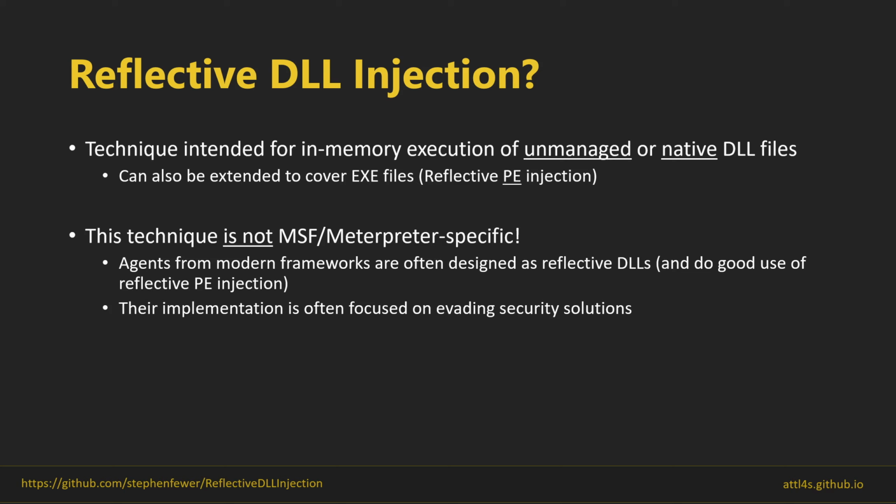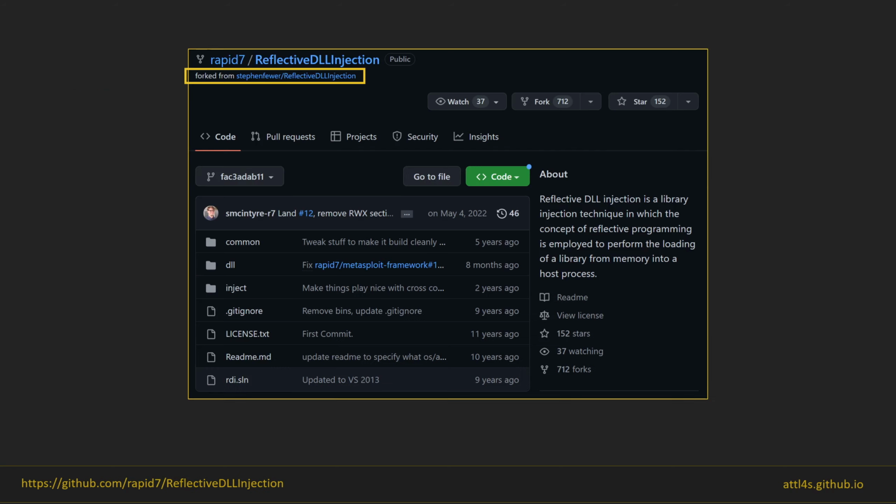Okay, so this is because reflective DLL injection is handy, as I said. So what's the difference between Metasploit and Meterpreter and other modern frameworks? Well, the modern frameworks are usually focused on the evasion side of things. So even if they use the same technique, it's implemented in different ways to bypass common detections for reflective DLL injection.